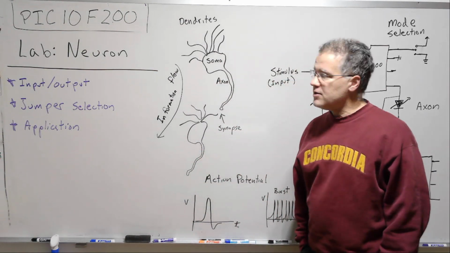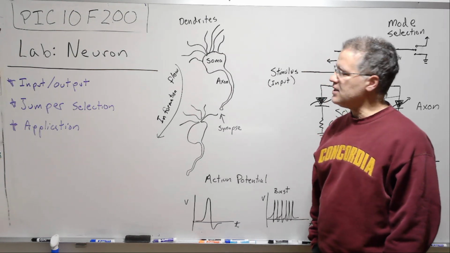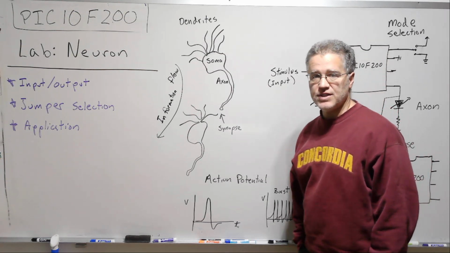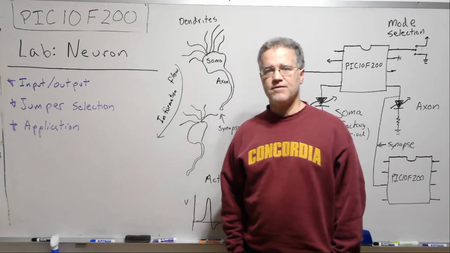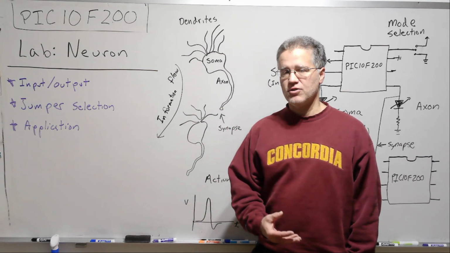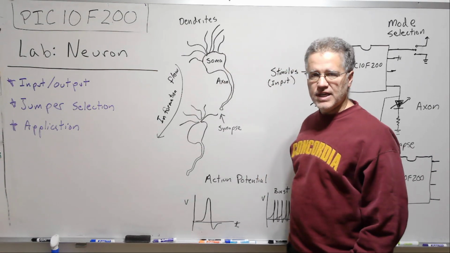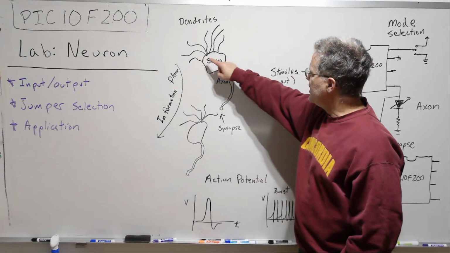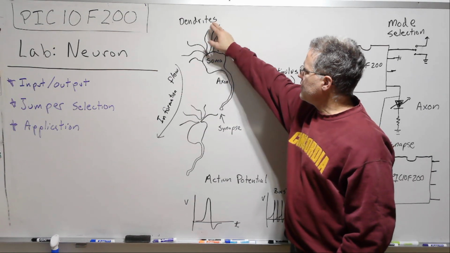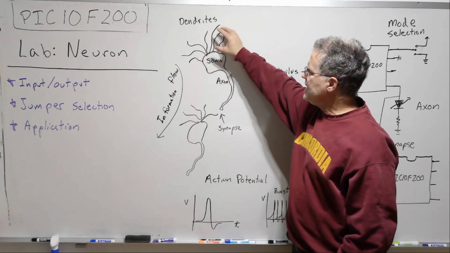So you may or may not know much about neurons, but neurons are the excitable cells in our body that carry information via electrical and chemical signaling. The structure of a neuron is unique amongst cells. It has what's called a dendritic arbor, or these are individual dendrites.